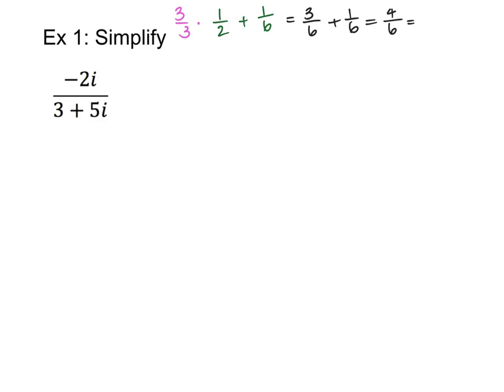Reducing would give 2 over 3, because 2 goes into 4 two times, and 2 goes into 6 three times. All right, so that's your idea of normal adding of fractions. I bring this up because these are skills that we still need for imaginary numbers.